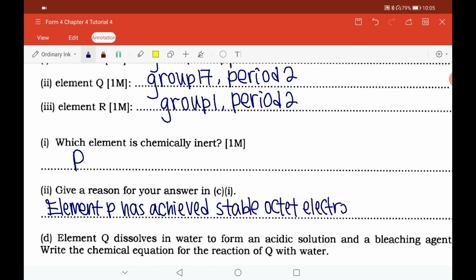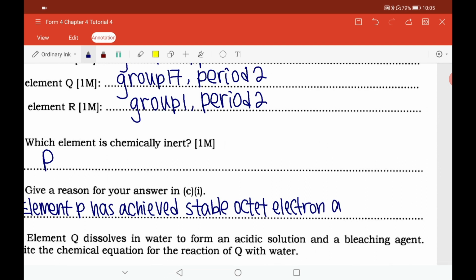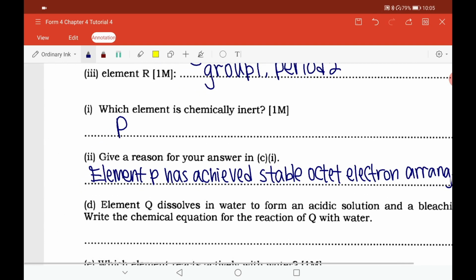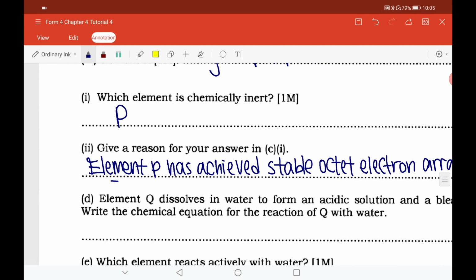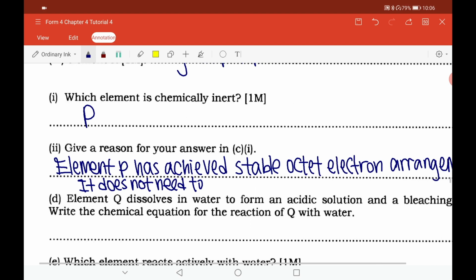This is very, very important. When element P achieves the octet electron arrangement, it is stable. So when it is stable, what happens? It doesn't need to react with others. It does not need to do three things.